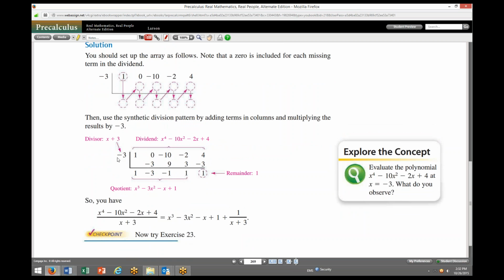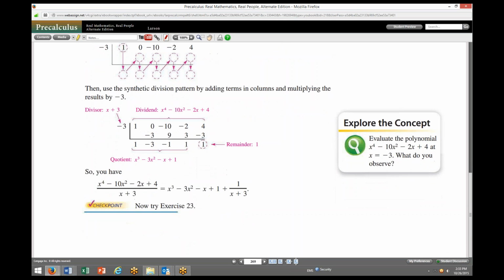Multiply. Negative 3 times 1 is negative 3, which again gets posted underneath the 4. Now we add vertically. 4 plus negative 3 is 1, and that's our remainder. So in this case, it does not divide evenly. There is a remainder of 1, and the answer is revealed in this lineup of 4 numbers right here, 1, negative 3, negative 1, 1.